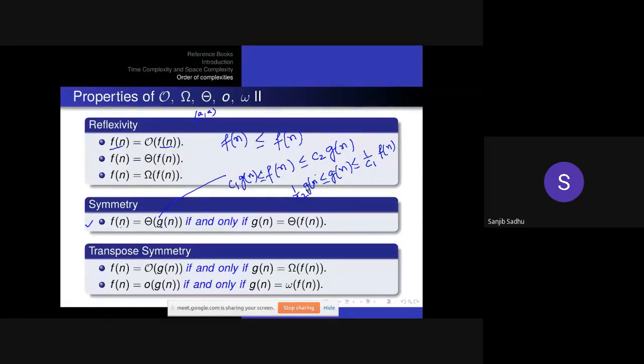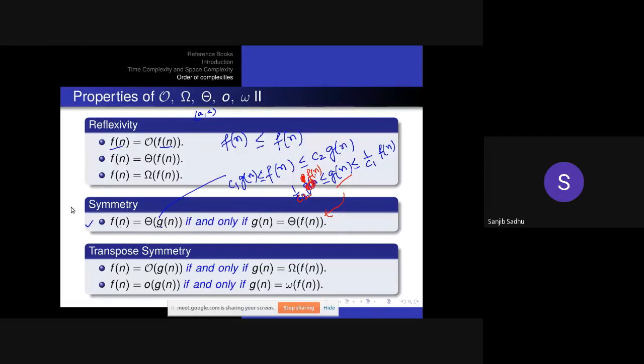I'm writing, this will be fn: gn is greater than 1 upon c2 into fn. So here you see gn is less than or equal to some constant into fn and greater than or equal to some constant into fn. So therefore gn is theta of fn. So this is the rule of symmetry.